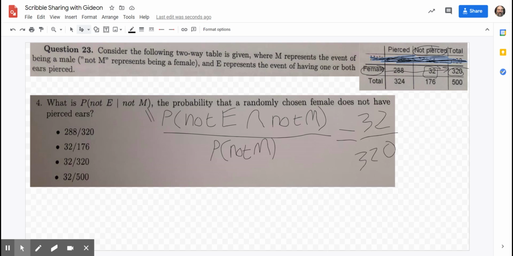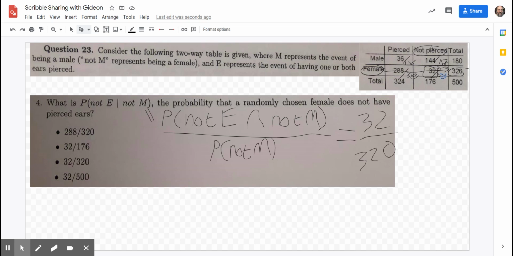If I was interested in knowing the comparative rate of not having piercings, comparing males and females, then I'd want to figure out the percentages. I'd divide each of these by 180, and each of these by 320, and I would get the decimals.